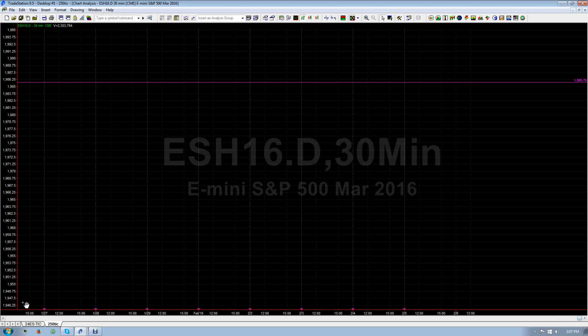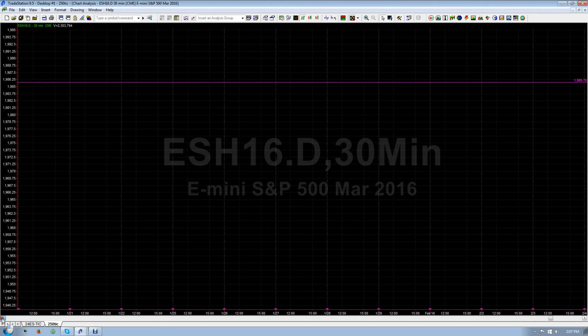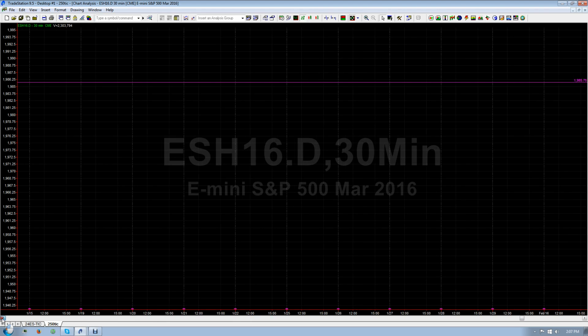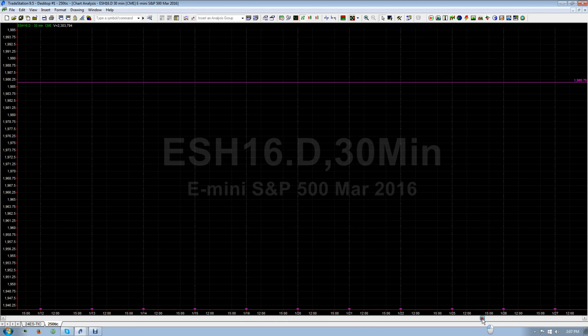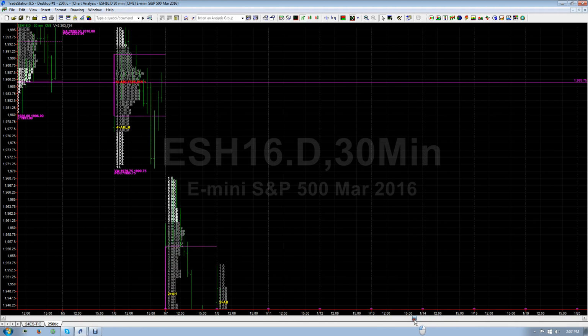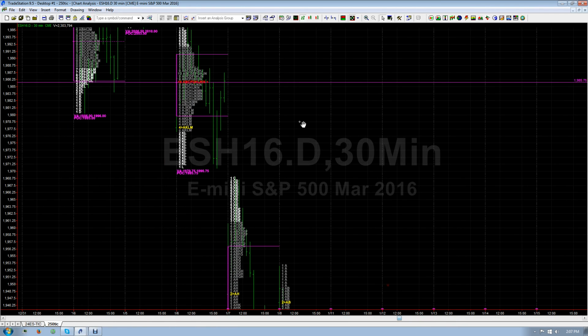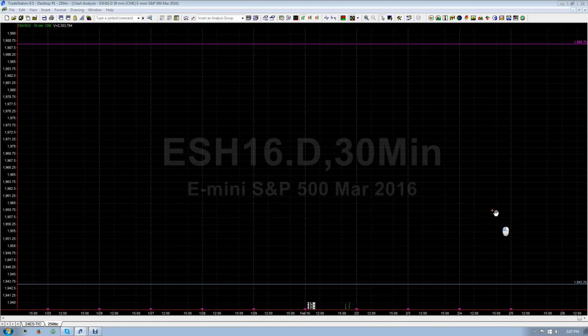So if I scroll back, I can see that this is a VPOC, a virgin point of control, a place where the market had balance and value and two-sided auction traded, and it hasn't been tested or checked yet. So I can scroll back and see that. So that's how I mark up my charts.